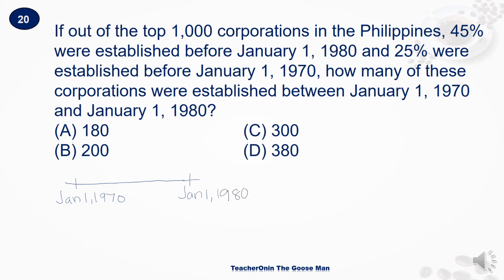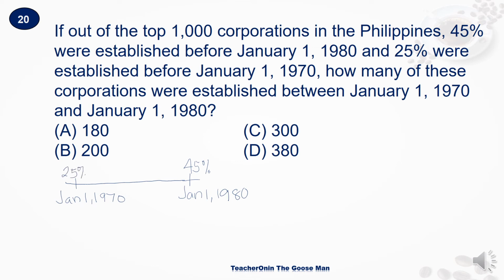Okay, let's analyze. So, 45% were established before January 1, 1980. So, meron kang 45% daw dyan. And 25% were established before 1970. So, 25%.